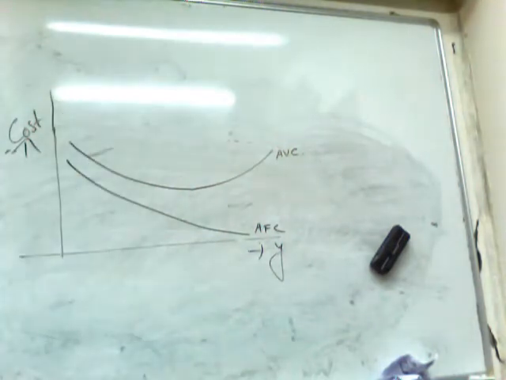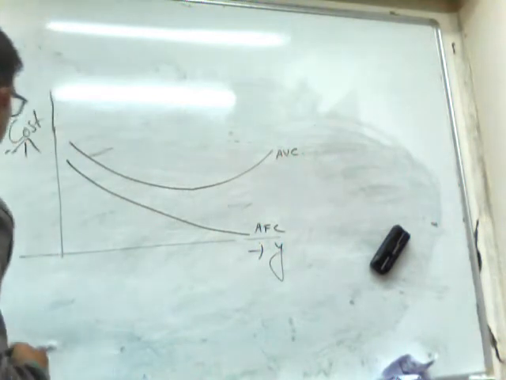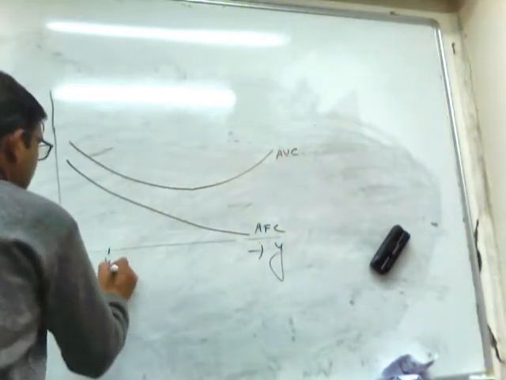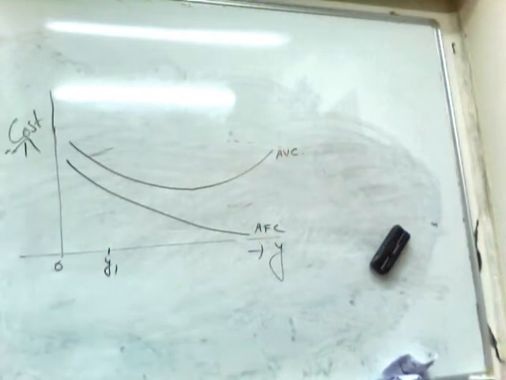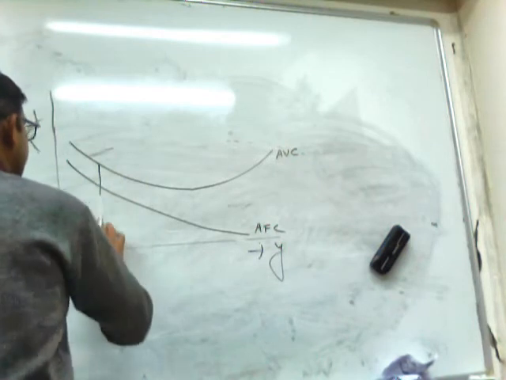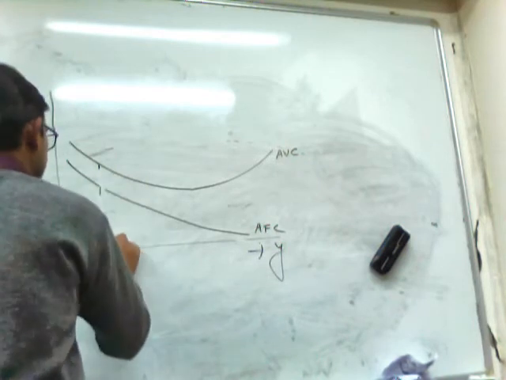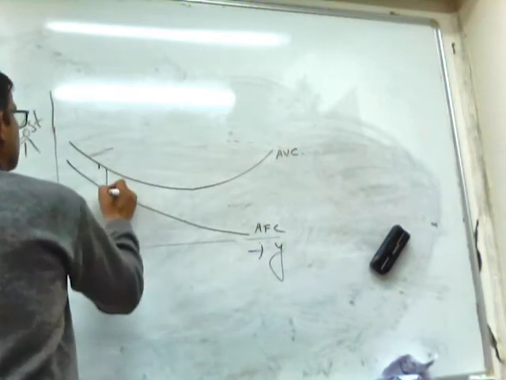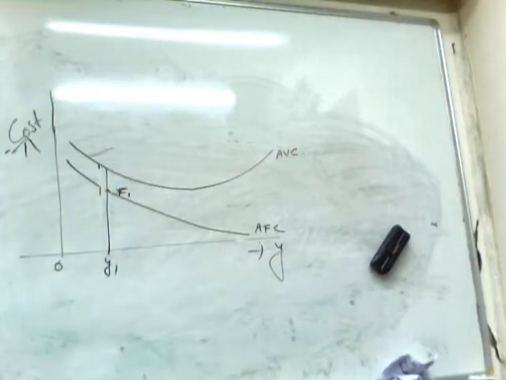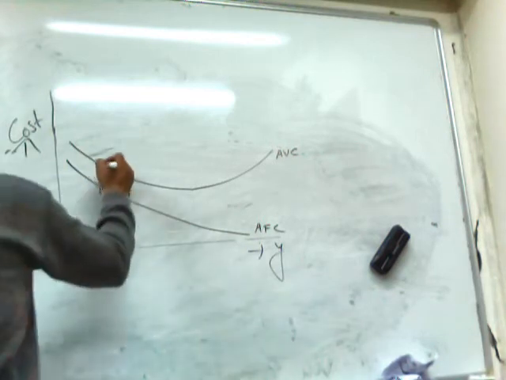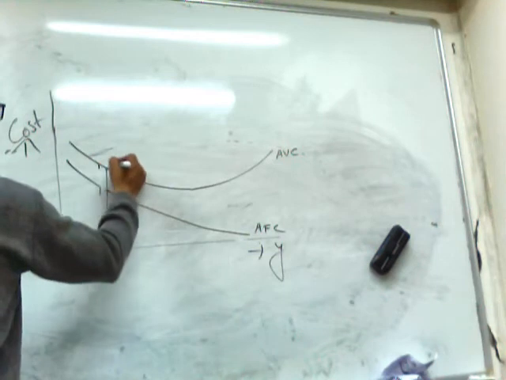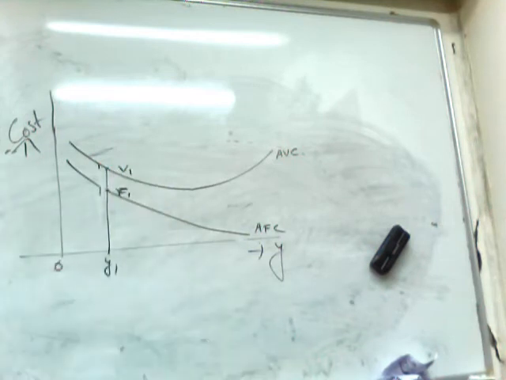So if we consider that the output level is OY1, at OY1 what you see here is that Y1V1 is the average variable cost, and Y1F1 is the average fixed cost.